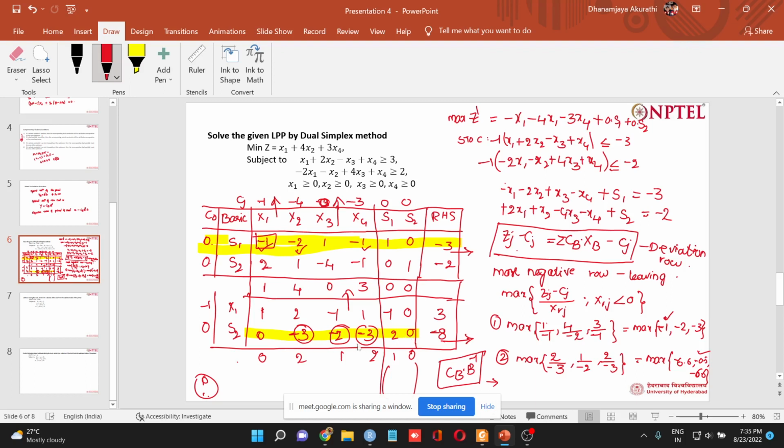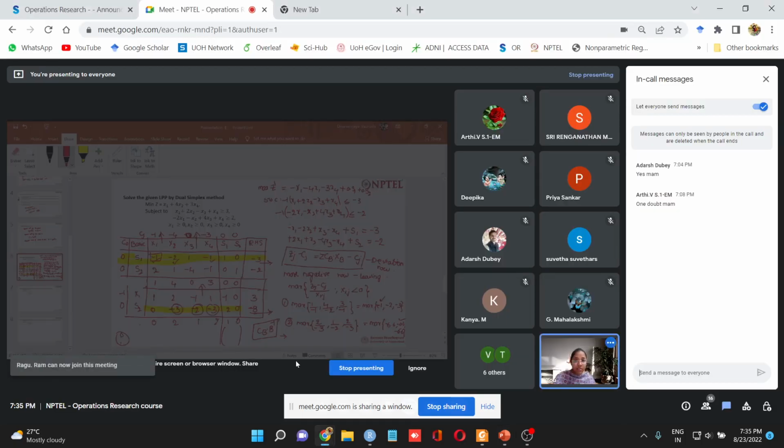If there is nothing negative in the leaving variable row values, that would be the indication of an infeasible solution. Is it understood?